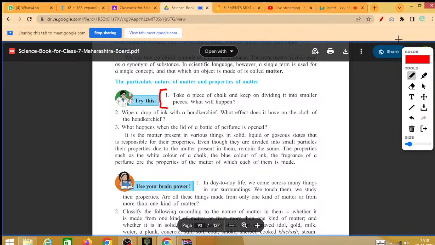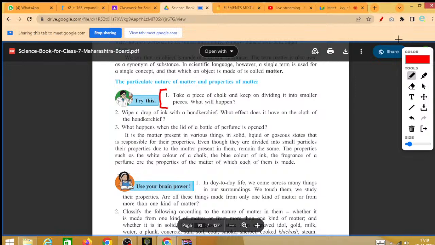What will happen? Who will answer? What will happen if you keep breaking the chalk? It will keep breaking into smaller and smaller particles till a powder is made. Yes.